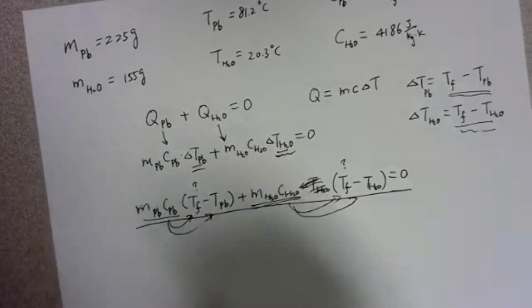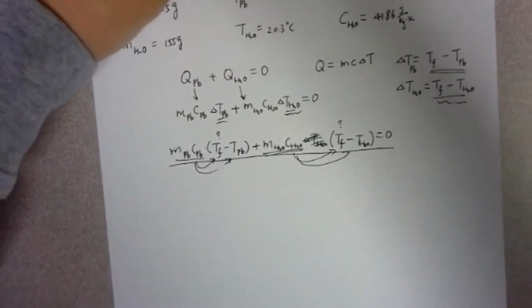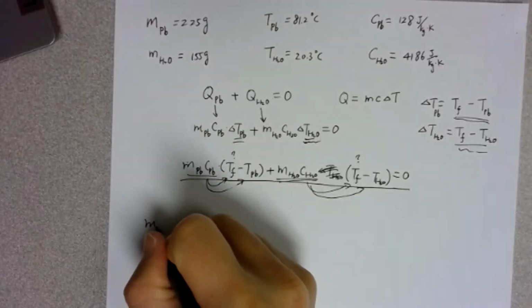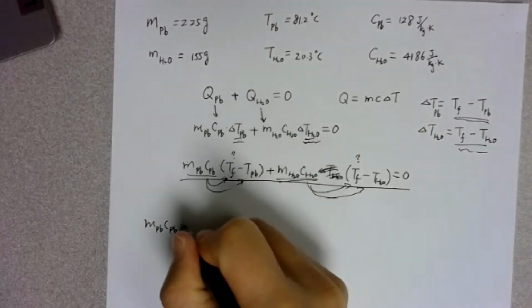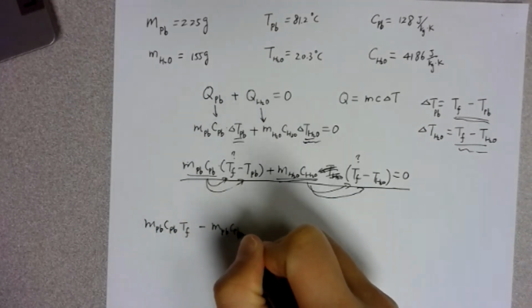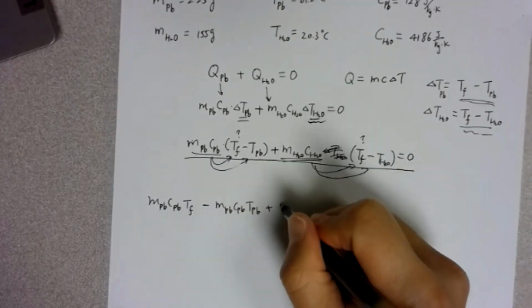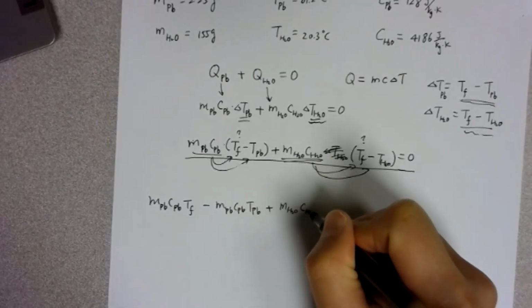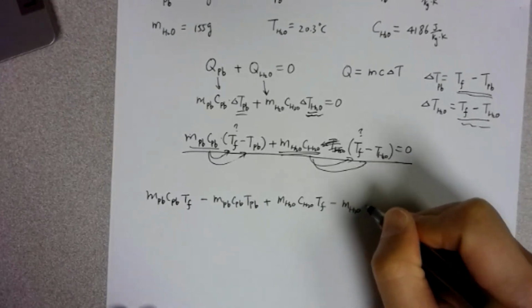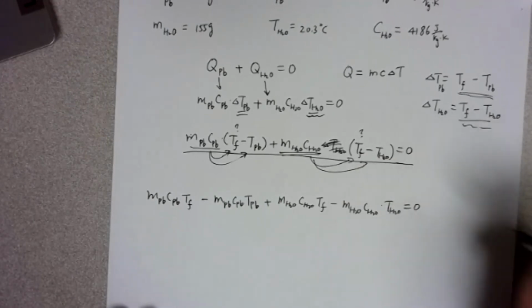So you'll get MPb, CPb, TF minus MPb, CPb, TPb plus MH2O, CH2O, TF minus MH2O, CH2O, TH2O equals 0.